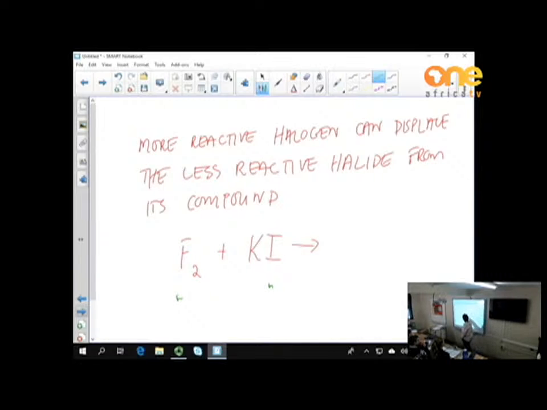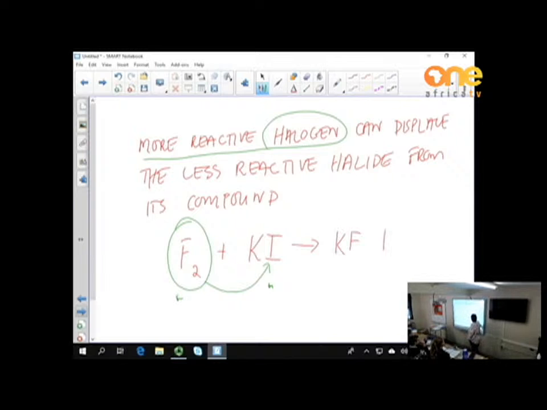So according to this, the more reactive halogen can displace the halide. So the product that we will get would be potassium fluoride plus iodine. Okay. It's an easy one.